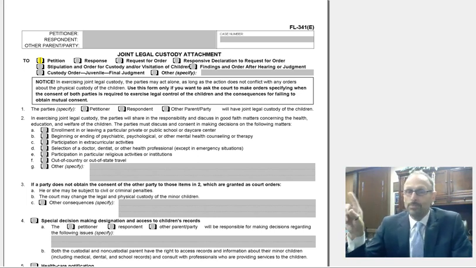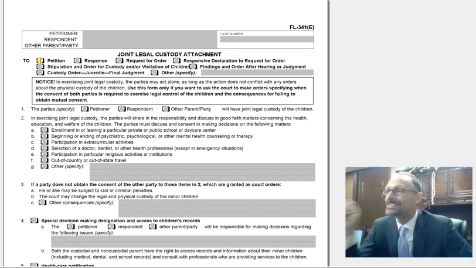So be careful. B says the court may change the legal or physical custody of the minor children as a result of not exercising joint legal custody.